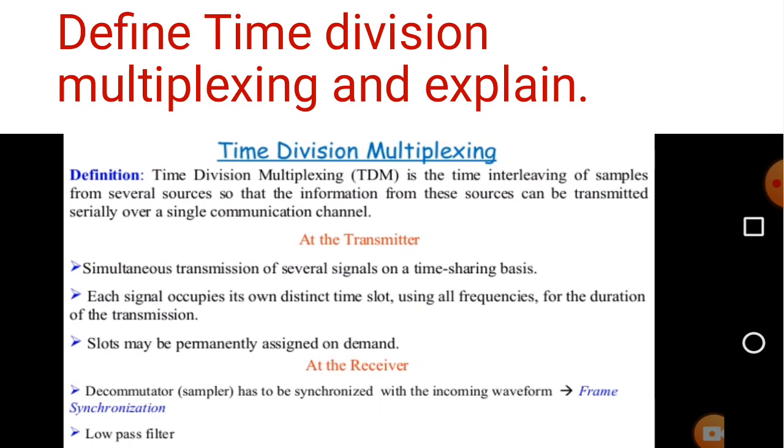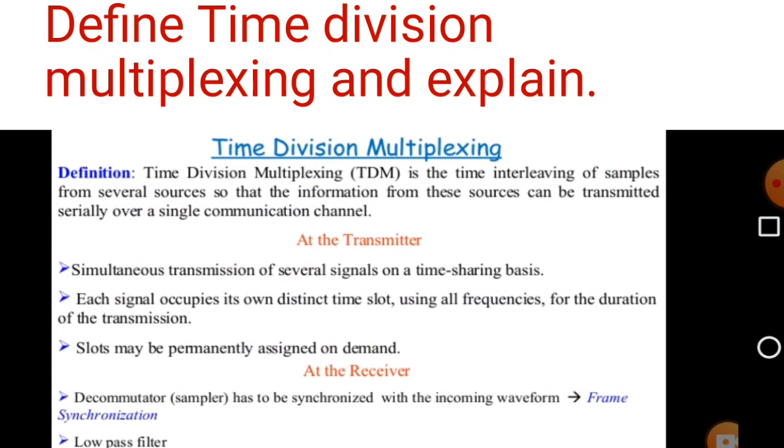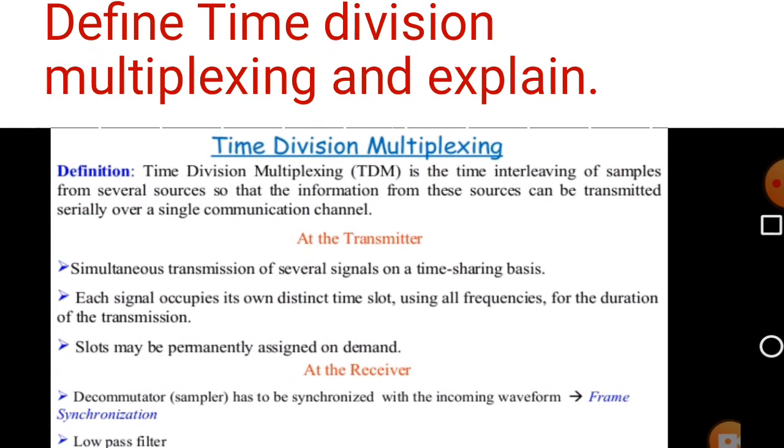Next, time division multiplexing. Define time division multiplexing and explain. Then what is the definition of time division multiplexing? TDM is the time interleaving of samples from several sources so that the information from these sources can be transmitted serially over a single communication channel.